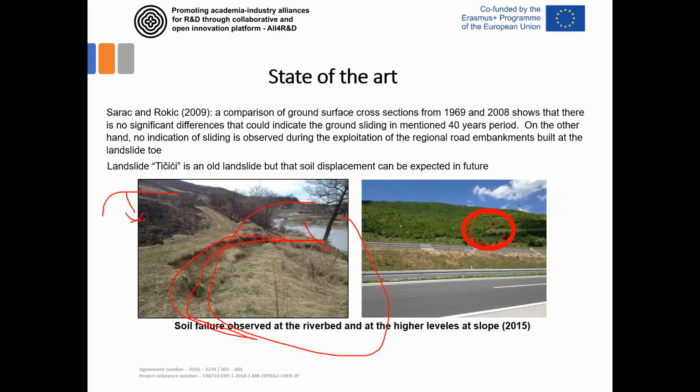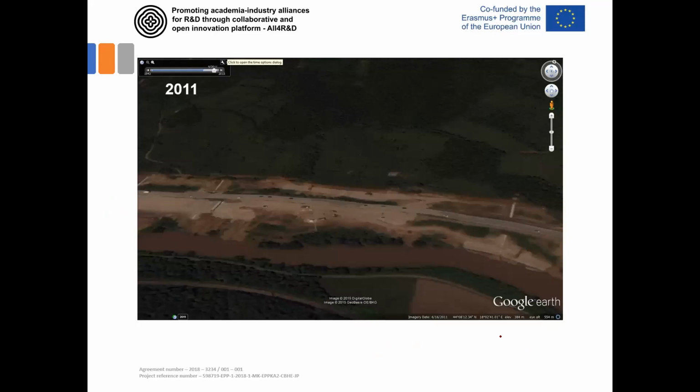Also, up above the hill, you can see some local sliding, and it's not unusual to have some sliding here at the local level. Of course, this is not related to these cracks observed here, but it shows that this whole area is really prone to sliding. This is, for example, a typical slope observed during the terrain visit in 2015.